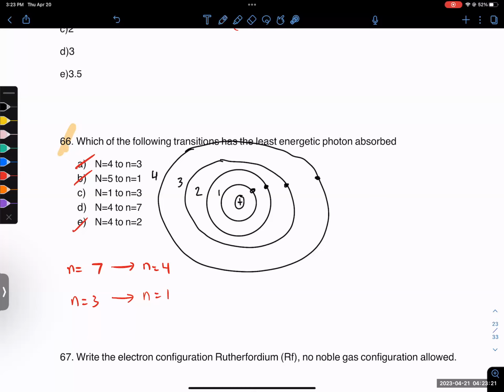Because energy is conserved, it's going to emit a photon in the same region of the electromagnetic spectrum as the photon it absorbed. So which one is going to emit a photon of higher energy, shorter wavelength? That would be the bottom one, right?